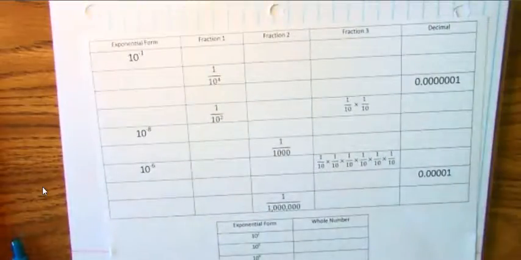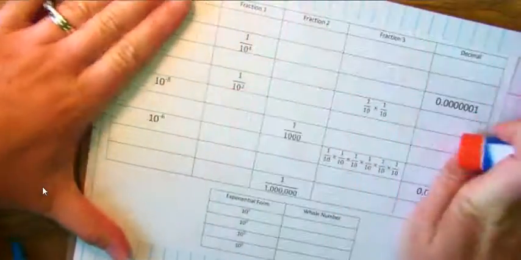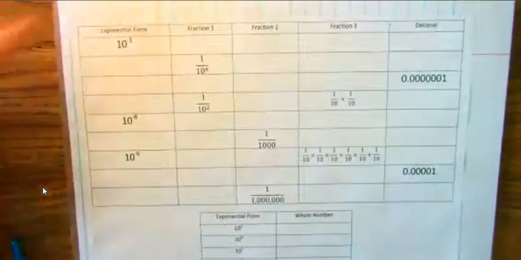This will end up being glued right here on the back. So I'm going to go ahead and glue mine in. If you want to wait and glue yours in after you've actually filled out the chart, that is okay, so you don't have to flip back and forth in your notebook. But just know that it will be glued on the back of your set of notes.